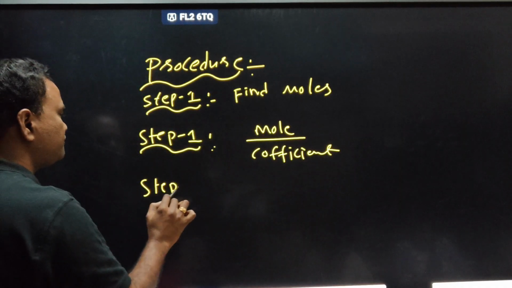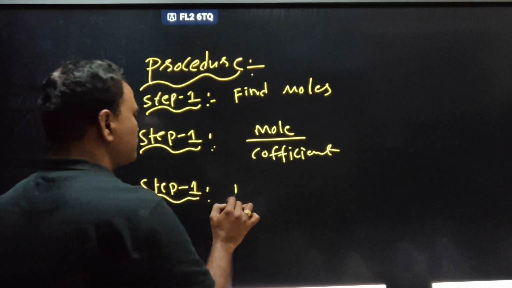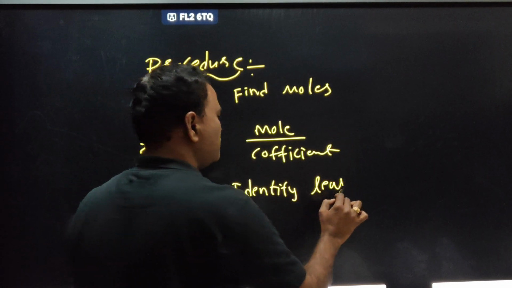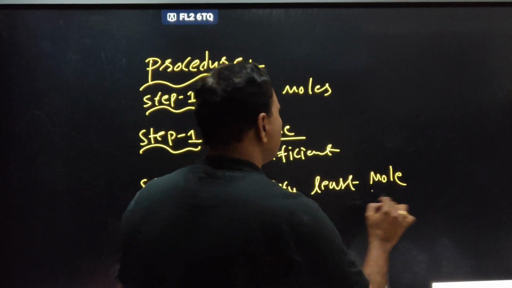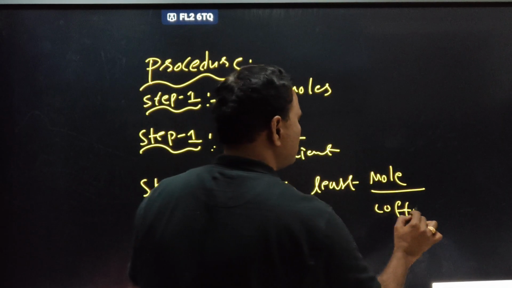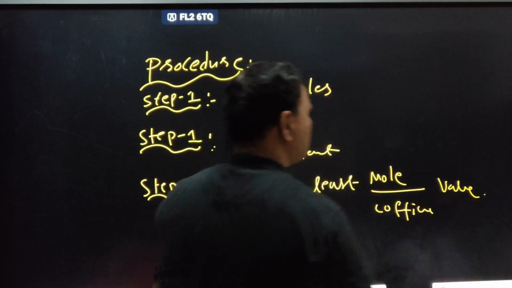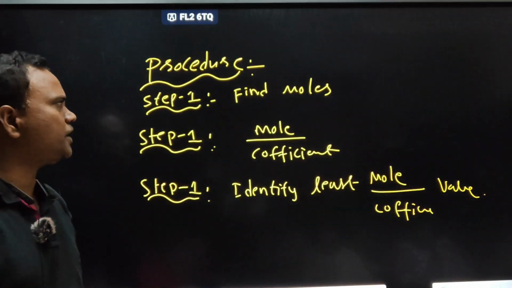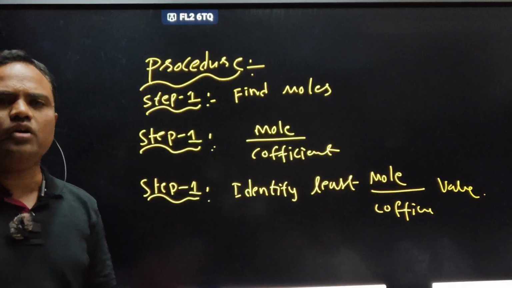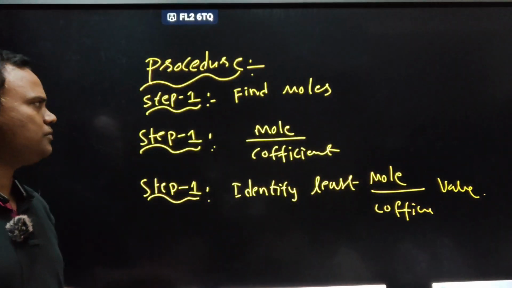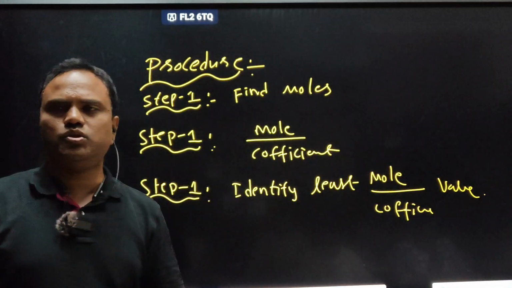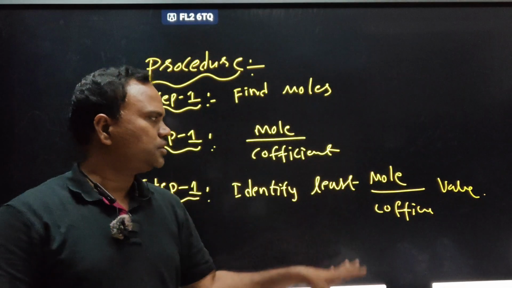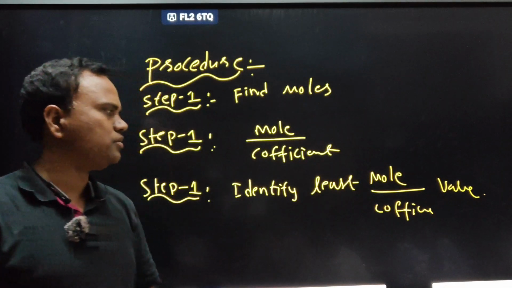Step 3, identify least mole by coefficient value. Very easy. Finding limiting reagent is very easy. First we have to find the moles of reactants. After that, do mole by coefficient ratio. After that, see which is the least mole by coefficient value.